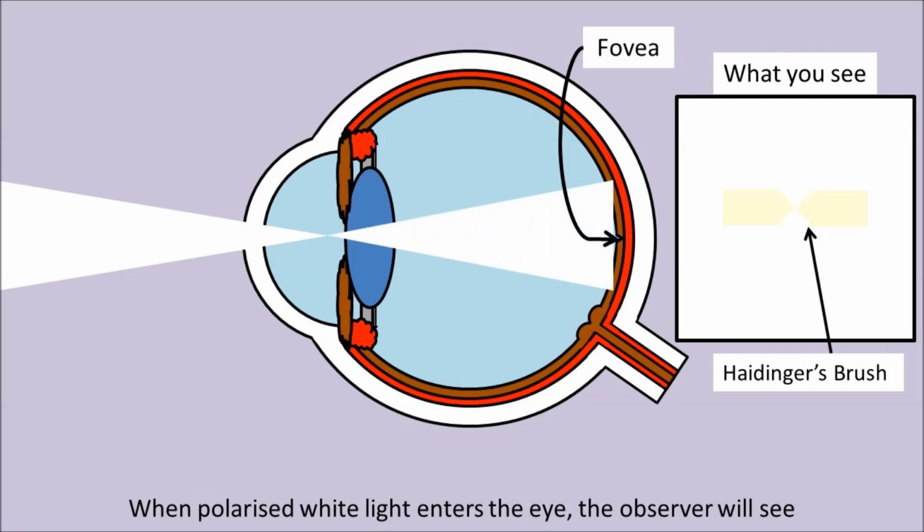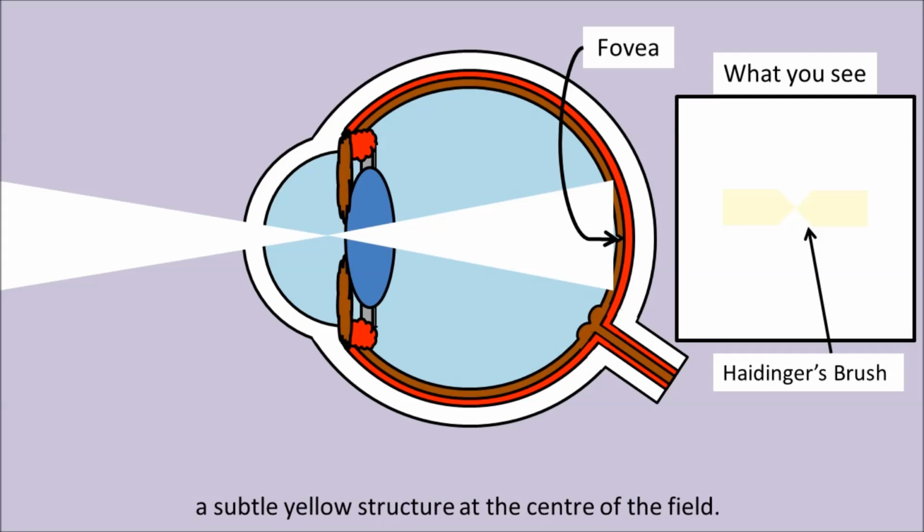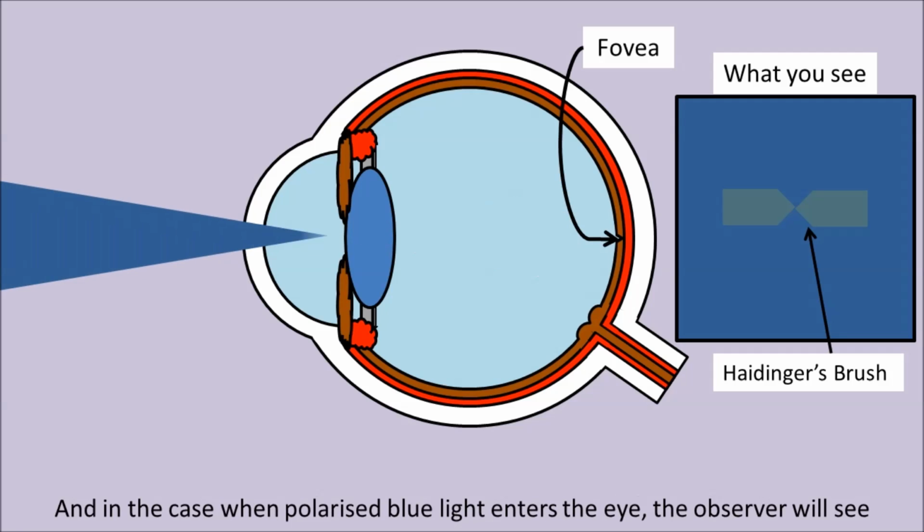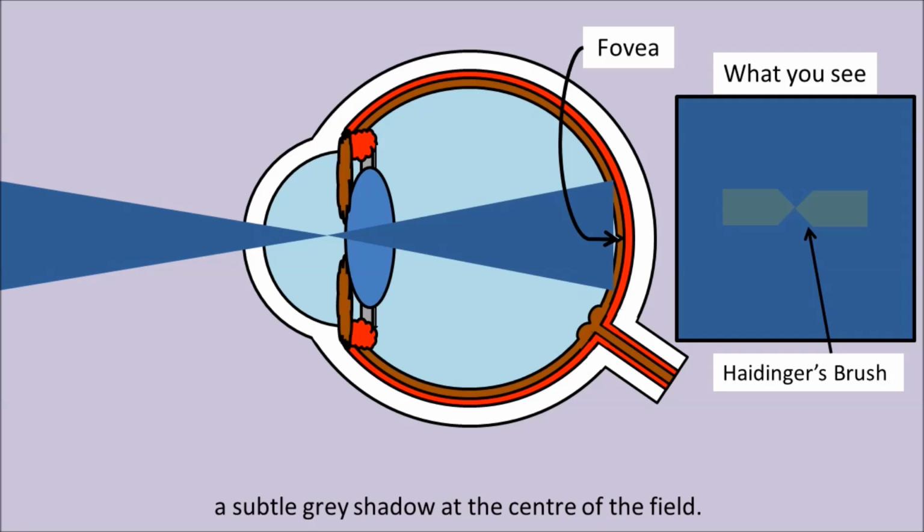When polarized white light enters the eye, the observer will see a subtle yellow structure at the center of the field. And in the case when polarized blue light enters the eye, the observer will see a subtle gray shadow at the center of the field.